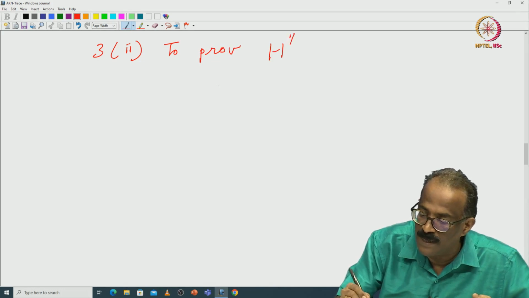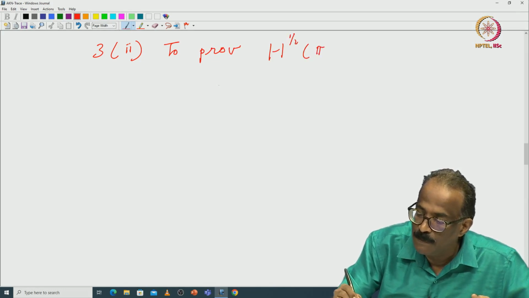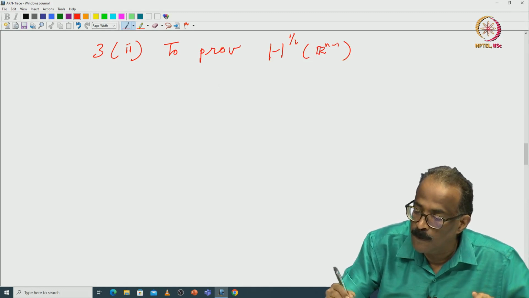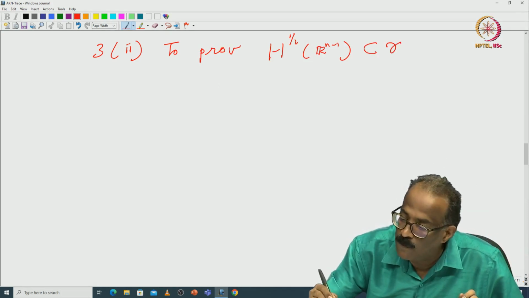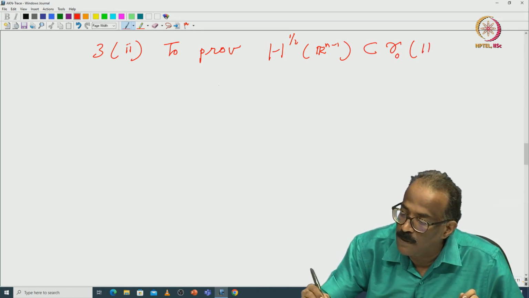Now we have to prove the next step, 3(2): to prove that H half of Rn minus 1 is contained in gamma naught of H1 of Rn plus.